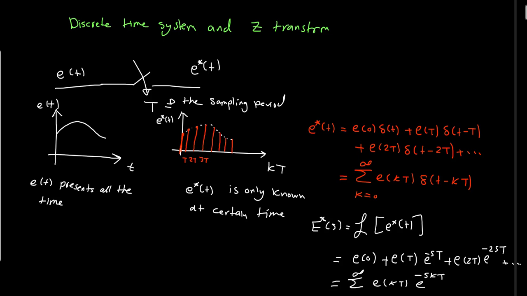So now I need to find a relation between the sampled signal and the signal in the z domain. So let's take the z transform of E of t.